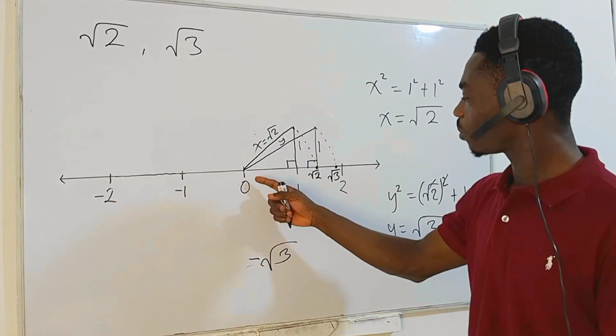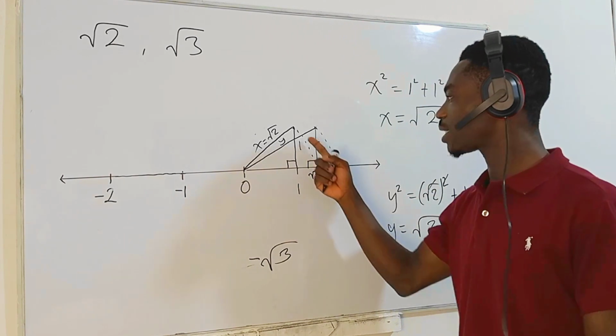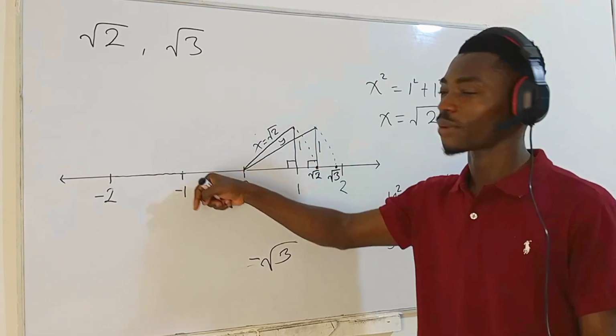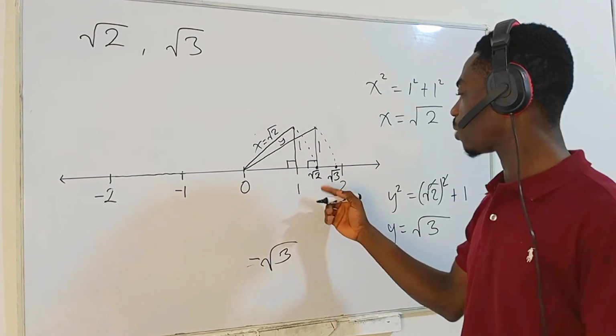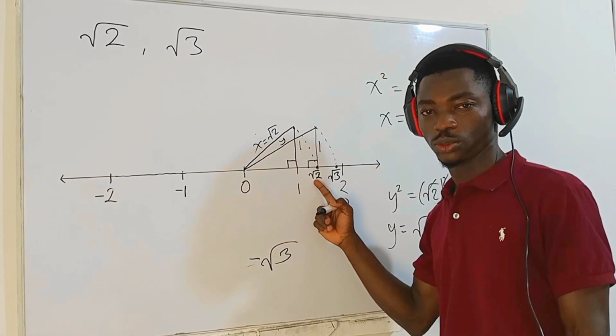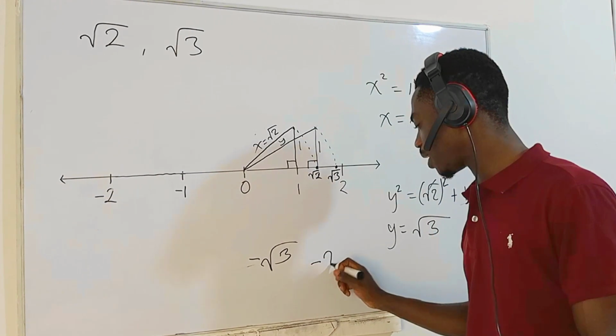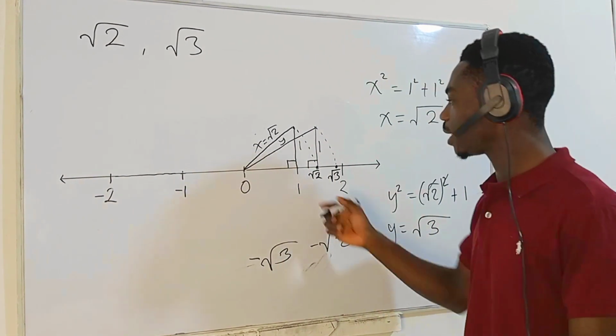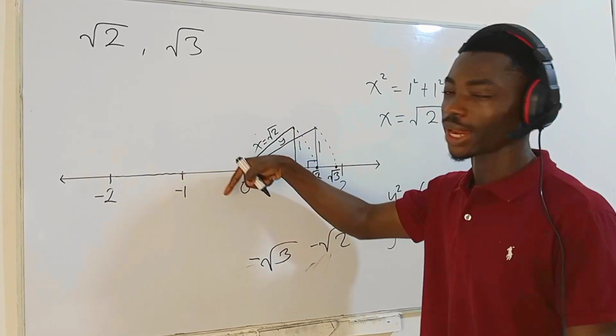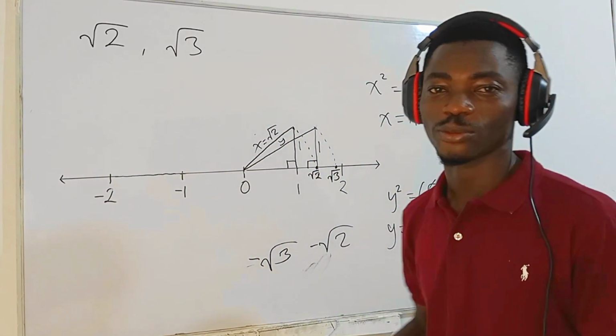Now we have square root of 3 right here. So with the same radius, you make an arc right here to get your negative square root of 3. In the same way, you can do that to square root of 2. If you need square root of negative 2, all you need is the same radius. You make an arc right here to get your square root of negative 2.